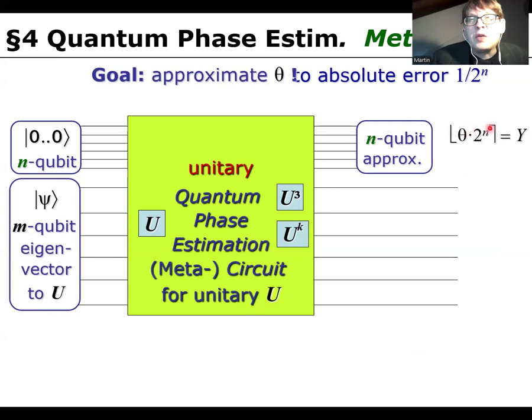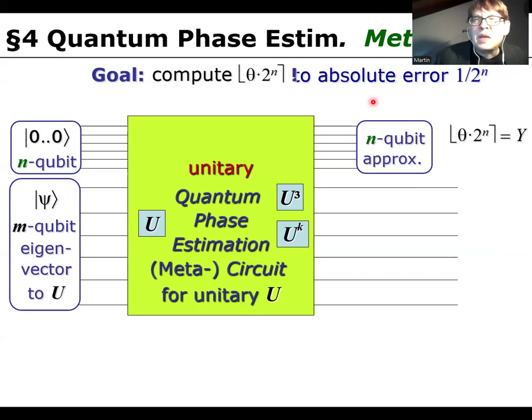This means rounding up or down to the nearest, with ties broken arbitrarily at 1/2. So the output will be an integer y, which will be a small n-bit integer represented in this n-qubit output. So that's going to be our meta circuit that is supposed to calculate this approximation.